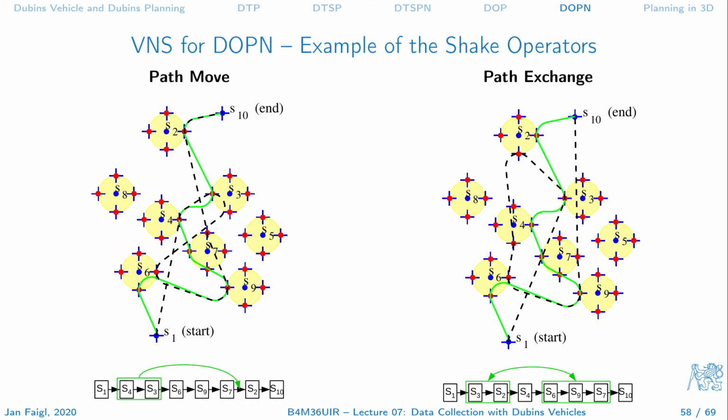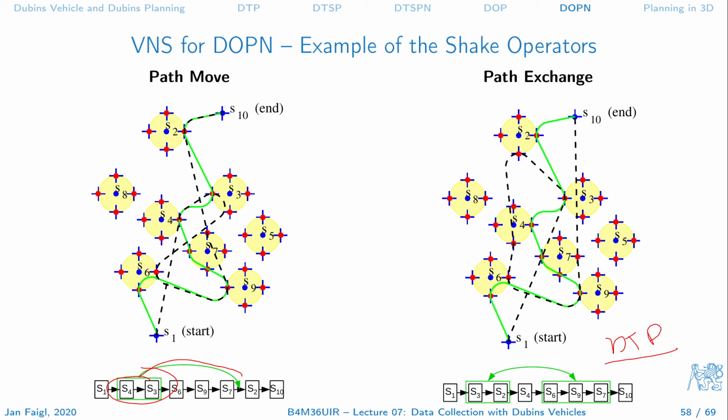To show some examples of how the shake operator on a discrete variant can work, here we move some subset to another different location and check for the solution, and we can exchange and so on. Based on the exchange, we have a new sequence, and we can determine the headings using the solution of the DTP.